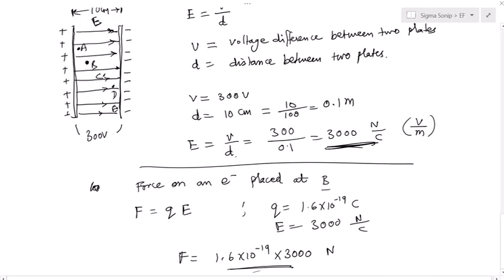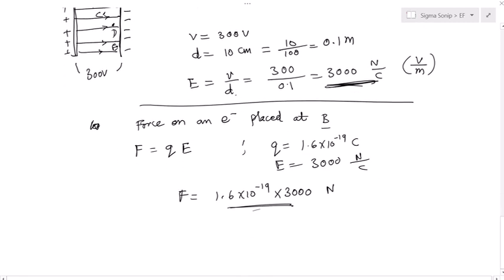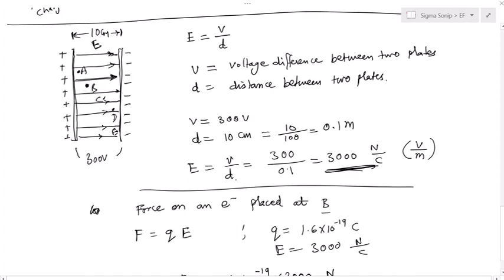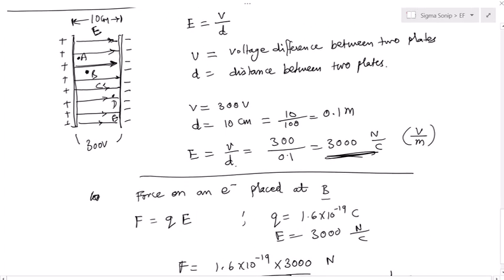And because the electron is negatively charged, it will experience a force in the direction opposite to the direction of E. The direction of E is from left to right in this diagram, so the electron will experience a force from right to left. In other words, the electron is negatively charged, and the plate on the left is positively charged, so the electron will experience a force towards the left.